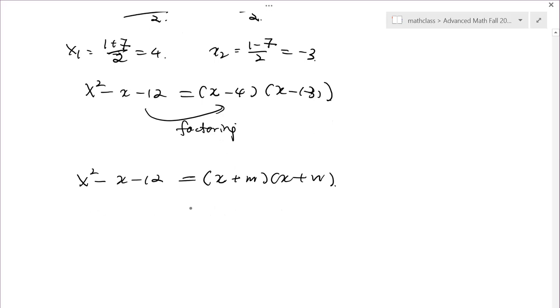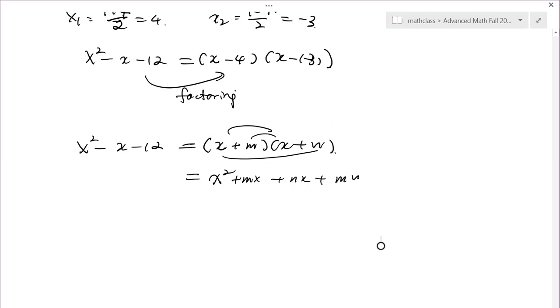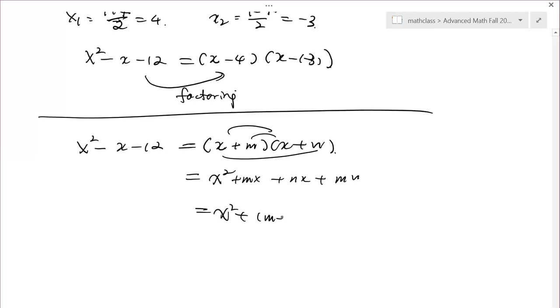So if you multiply this out, you get x squared minus mx minus nx plus mn. We start with this problem, x squared minus x minus 12. I want to express it as a product of two linear terms. So I get x squared plus (m plus n)x plus mn.